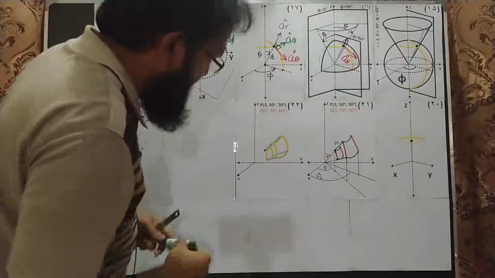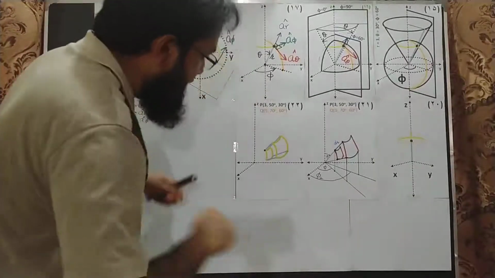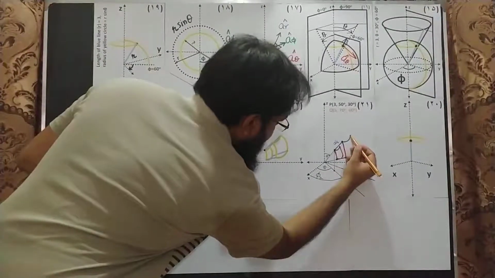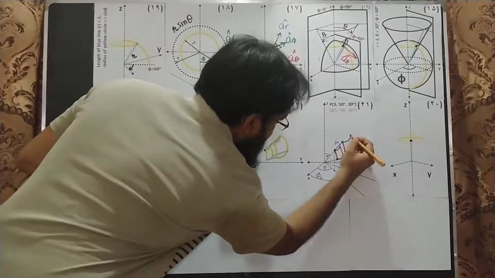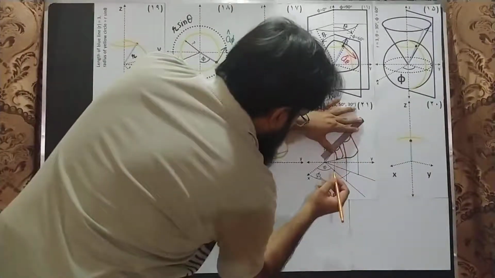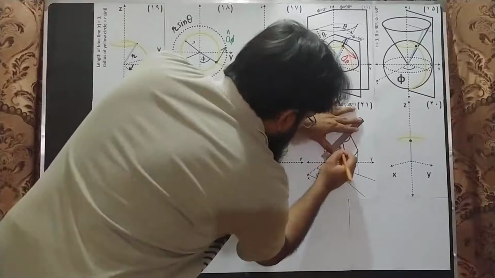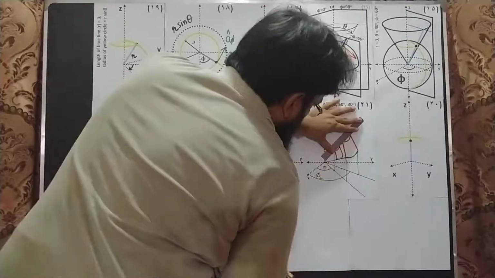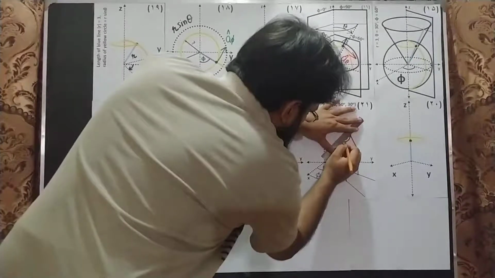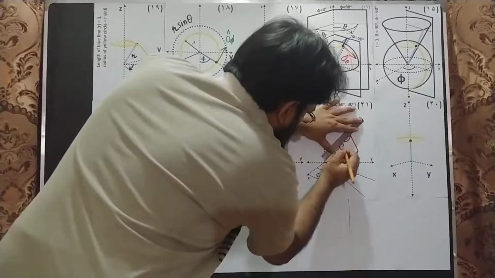So how about moving from this point to this point? The only change which I am getting is in the direction of r, or the radius is changing. Since this is in the background, I'm just making it a dotted line.